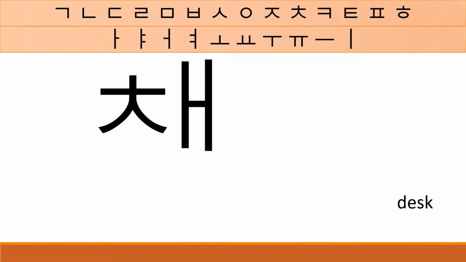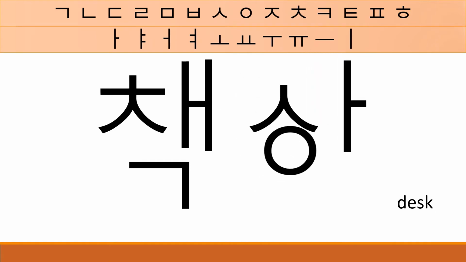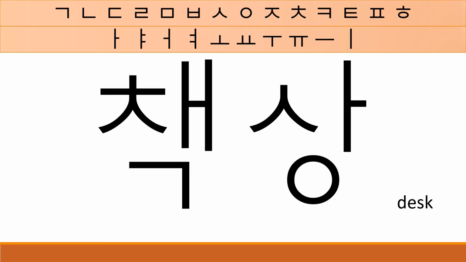You may wonder which 에, but for this vocabulary, this 에 is used. And 그 underneath, 채, and 그 underneath, 책. And 스 plus 아, 사, and a circle underneath, 상, 책상.